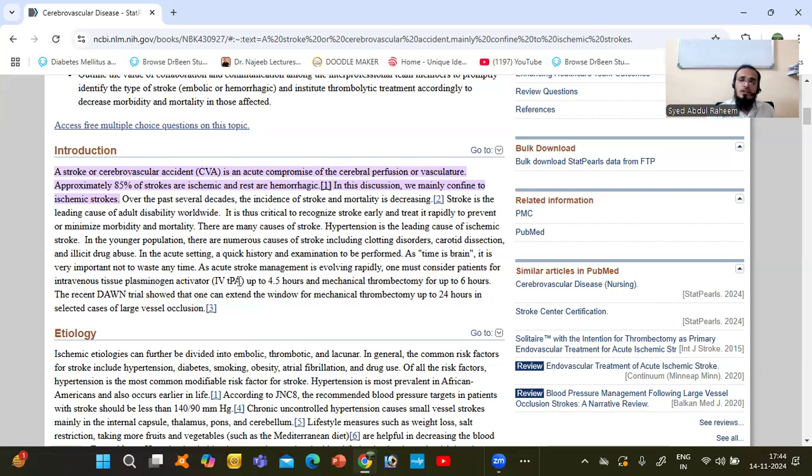They will directly dissolve the clot. Okay. So within 4.5 hours, they have to give this medicine. Some doctors will advise up to 6 hours also, but 4 hours is the maximum. 4.5 hours is the good time to give this remedy, this injection.